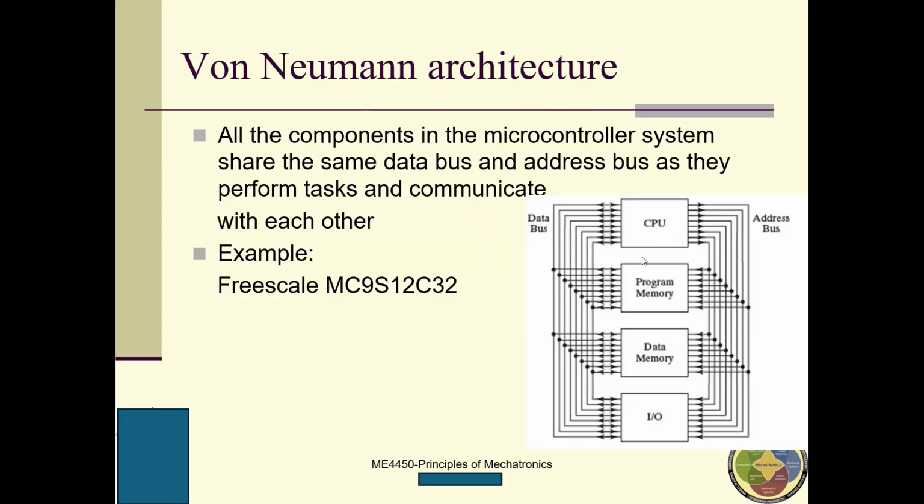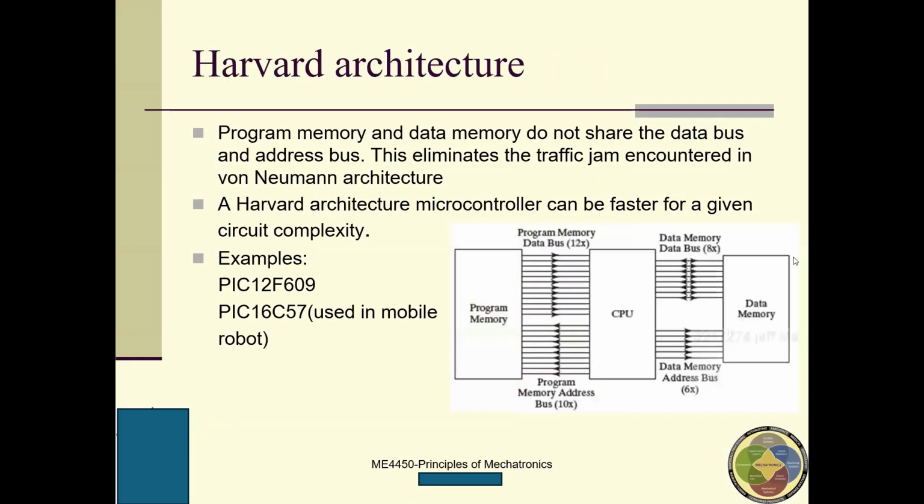But this architecture has some shortcomings. Then, there's another professor called Howard, and he designed a new architecture. In the Harvard architecture, the program memory and data memory do not share the data bus and the address bus.